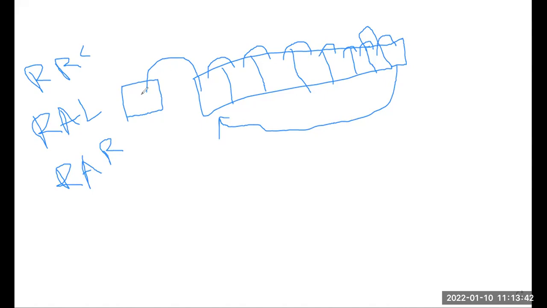The bits will be shifted to the right, with the carry included. This will go here, this will go here, and in this position, instead of this, it will go now to this position for RAR.